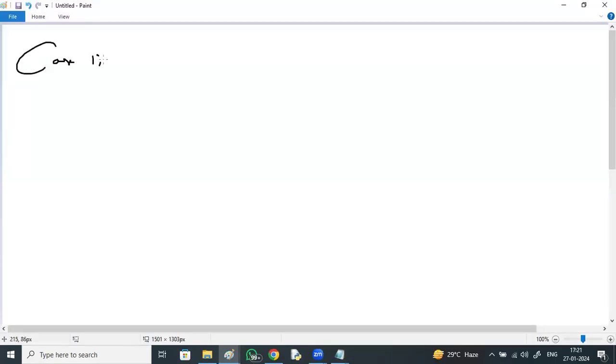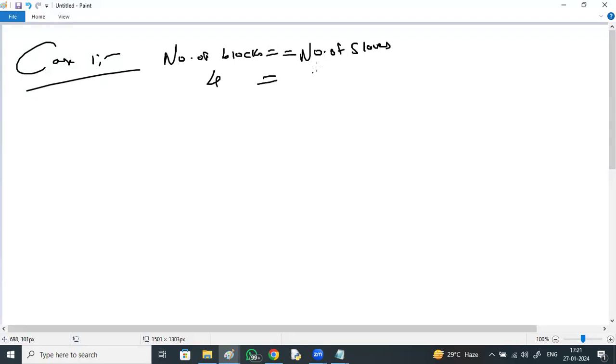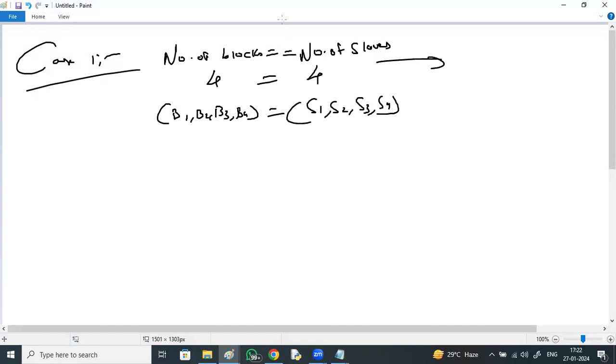Case 1: the number of blocks is equal to the number of slaves. How many blocks? 4 blocks, B1, B2, B3, B4. Slaves: S1, S2, S3, S4. If the number of blocks equals the number of slaves, it gives very high speed and full parallelism.